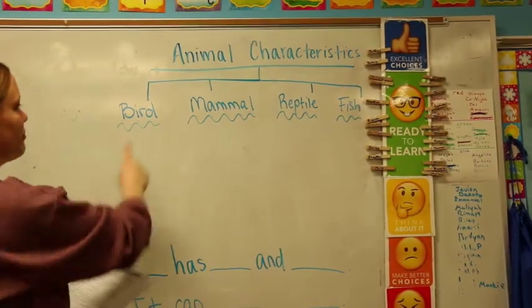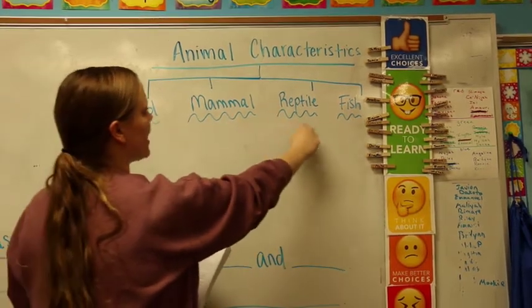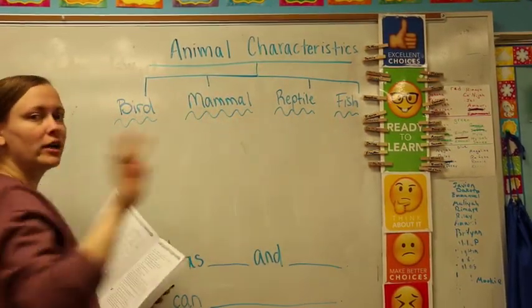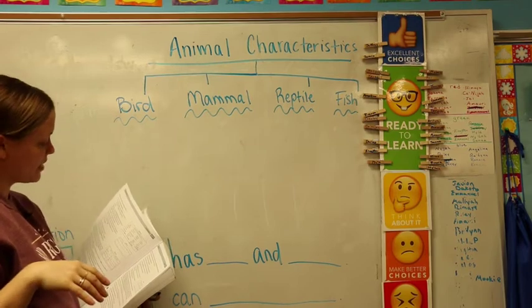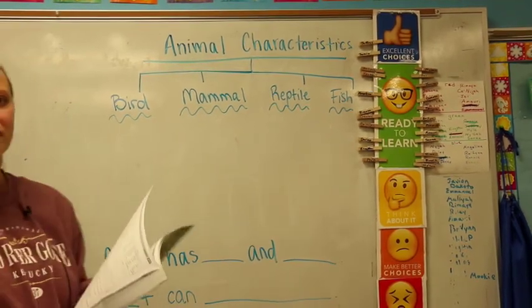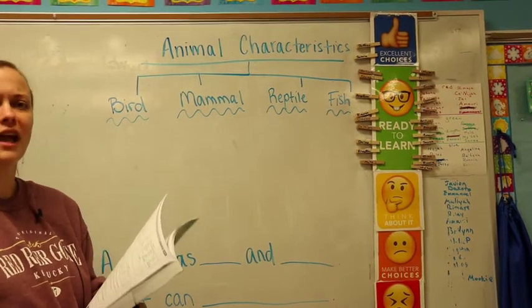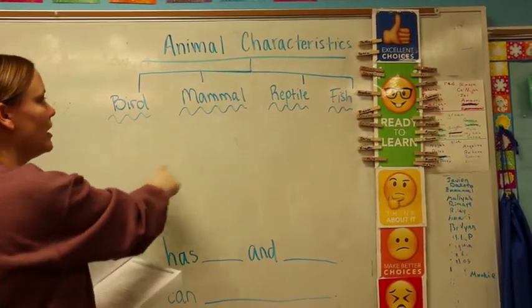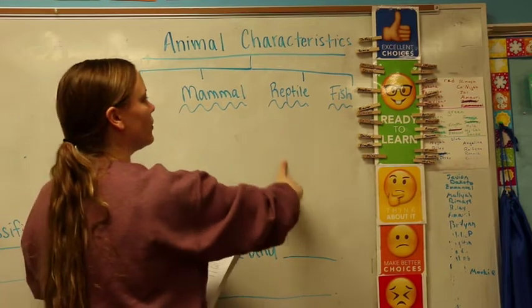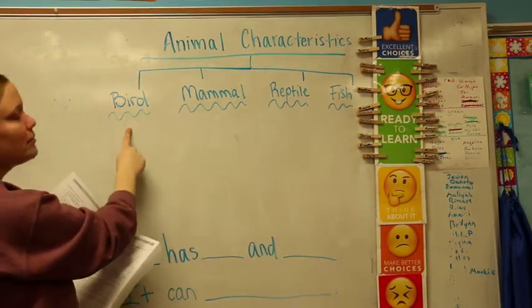So we have bird, mammal, reptile, and fish. Those are our 4 categories, okay? And I want you guys to pause the video and think, what are some characteristics of animals that we can list here under each of these different categories? So ask yourself, what does a bird have?